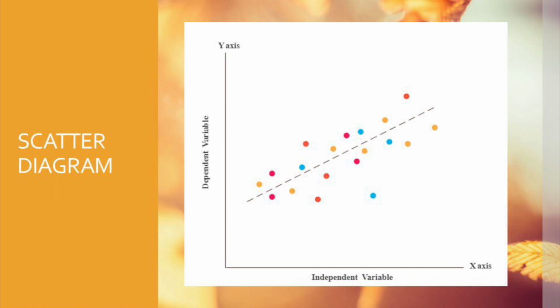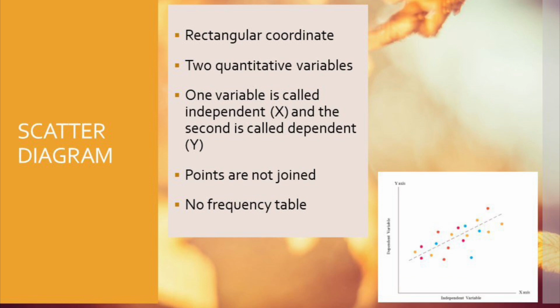So it's also a means by which to identify whether there are certain points of measure that may be indicative of an error or for one reason or another aren't accurately representing what the other test results are representing. So the scatter diagram in general is this rectangular coordinate system. You've got your two quantitative variables, and like I was saying, your independent variable on the x-axis and the dependent variable on the y.